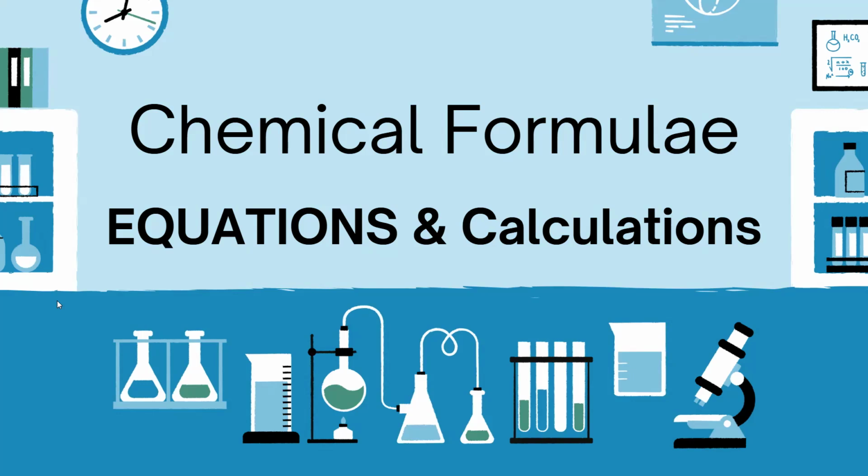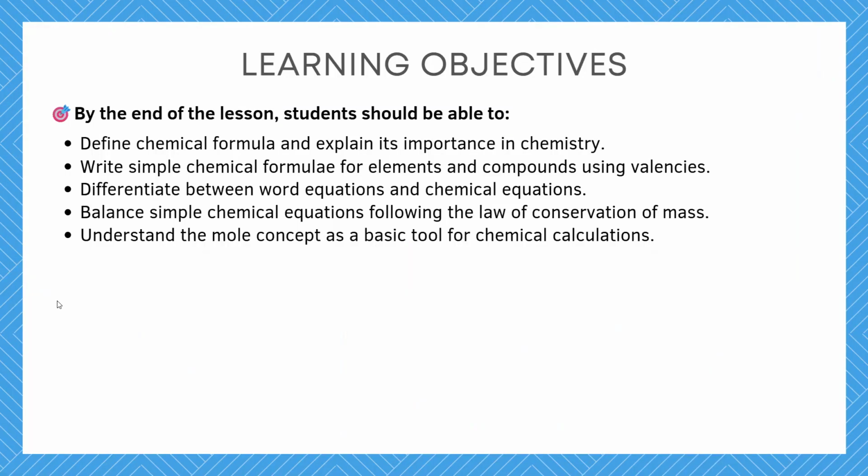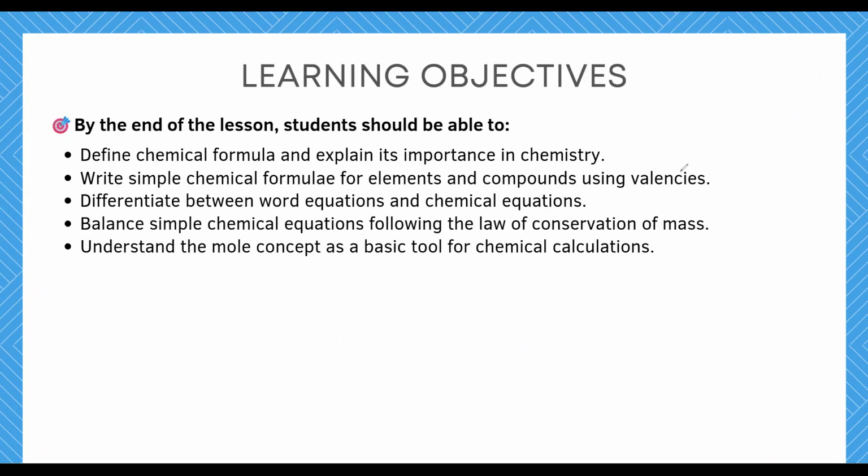Okay. So, by the end of this lesson, you should be able to do a few things. First of all, you should be able to define chemical formula and explain its importance in chemistry. Next, you should be able to write simple chemical formula for elements and compounds using their valences. Don't worry, I'll explain what valences mean as we progress.